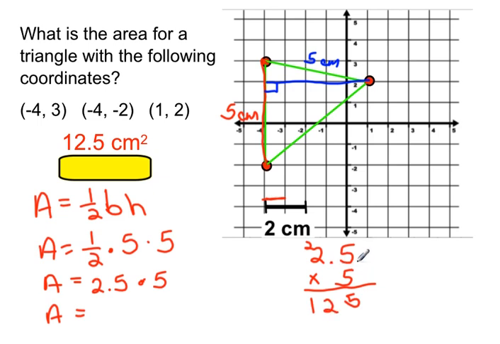Decimal point over 1, in 1. And you can see that our area is indeed going to be 12 5/10 square centimeters. All right, so that's how we would solve it. When you get a problem like this, just make sure you establish a base and a height that is perpendicular to the base and meets one of the vertices.